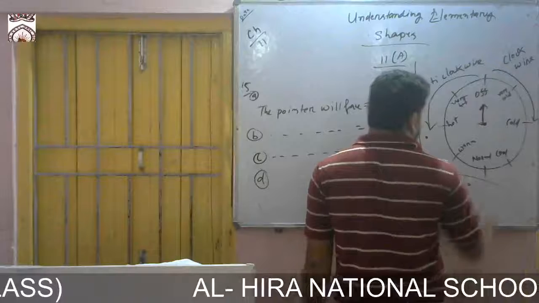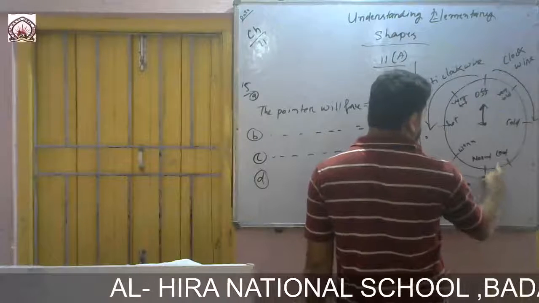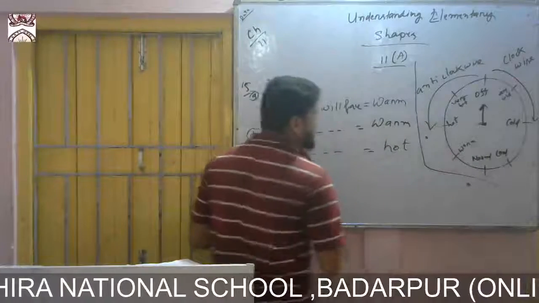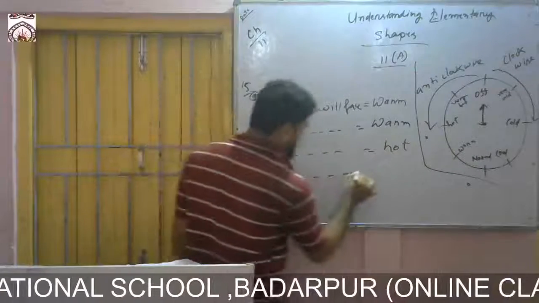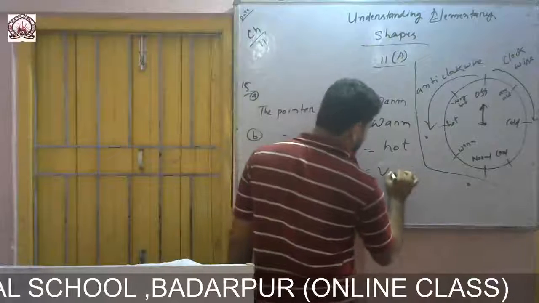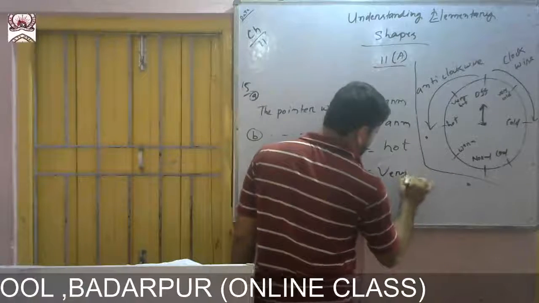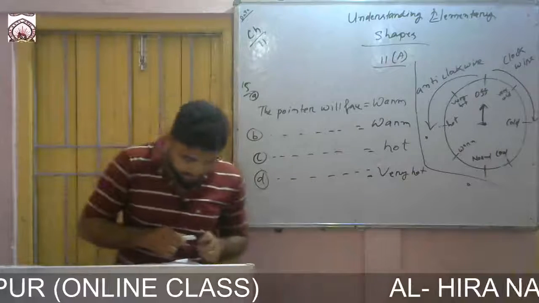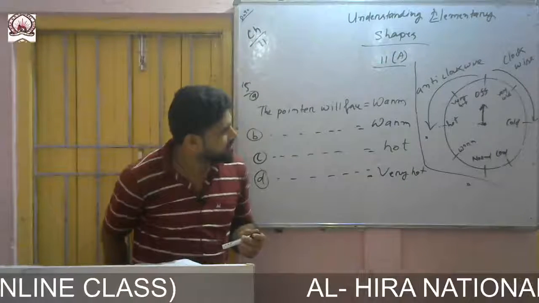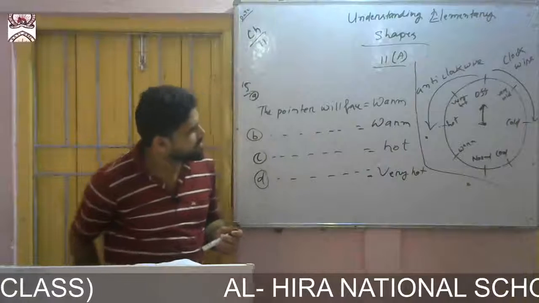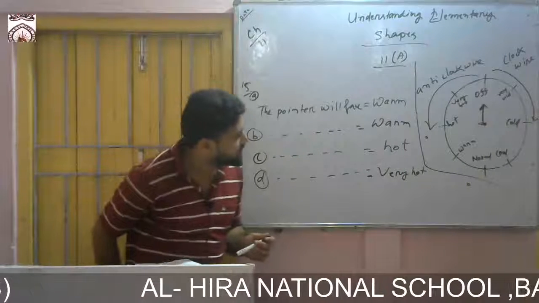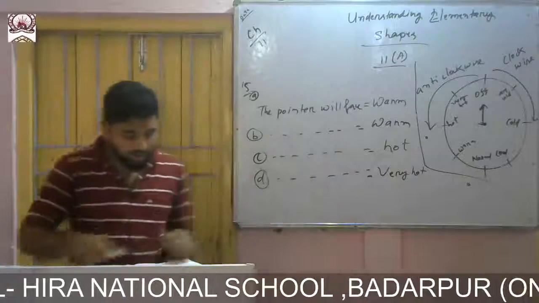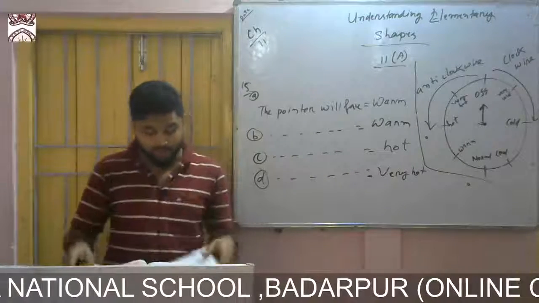From cold, 1, 2, 3, 4, 5, 6. So it will reach very hot.